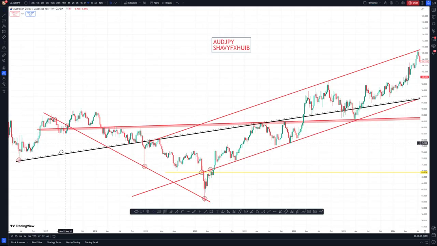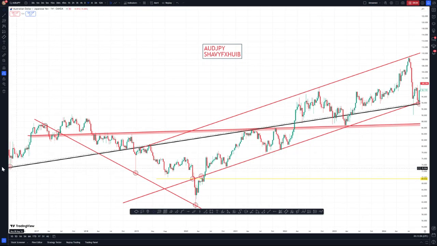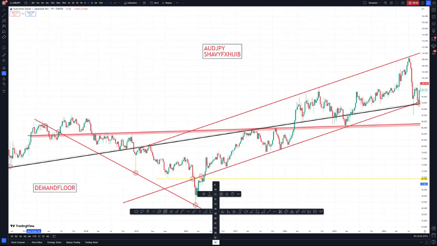So we see you have a structure here, support structure, break of a support structure becomes resistance, putting price on supply, demand, price return on supply. So we're gonna label it demand floor, and we're gonna have a supply roof.